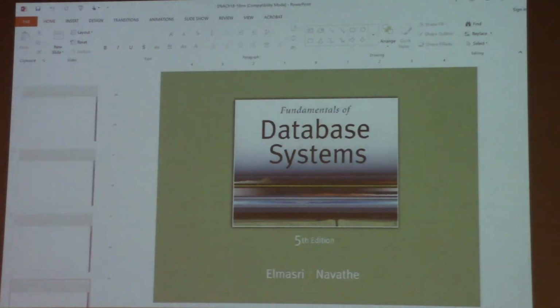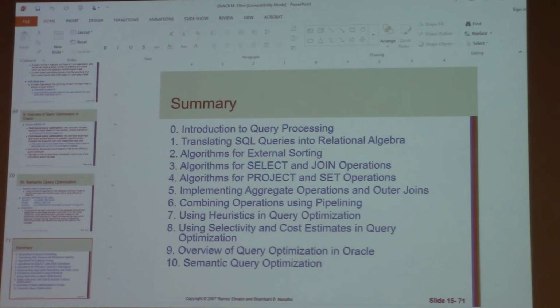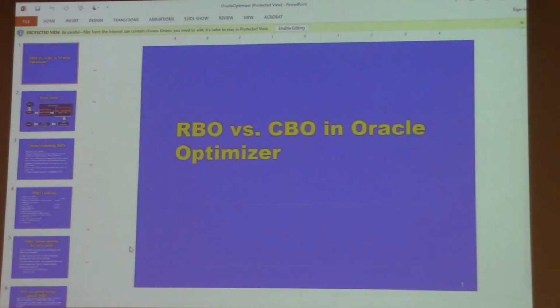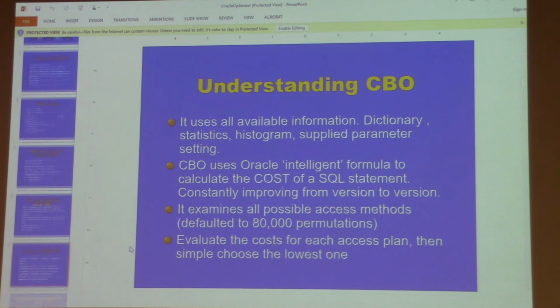And let me quickly show you. It's already 17. Okay. If you are interested in more about the cost-based optimizer, there is an additional slide I uploaded. It's an example of the Oracle optimizer. It explains the rule-based and the cost-based. All of them we discussed, but you can see the hint.